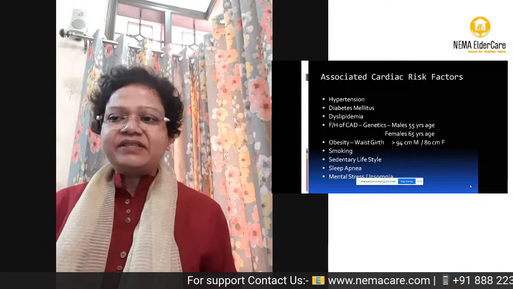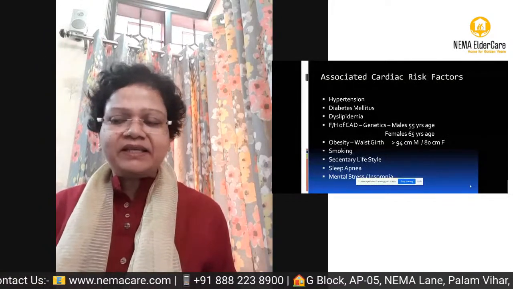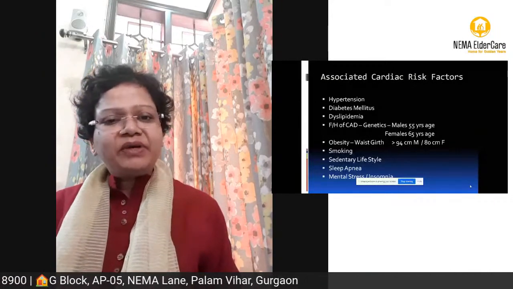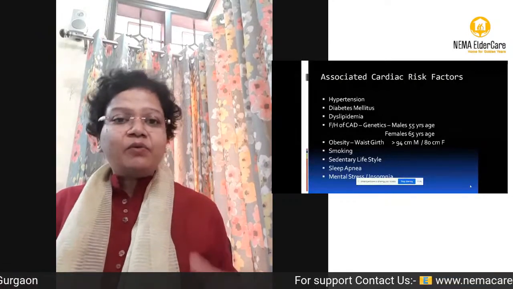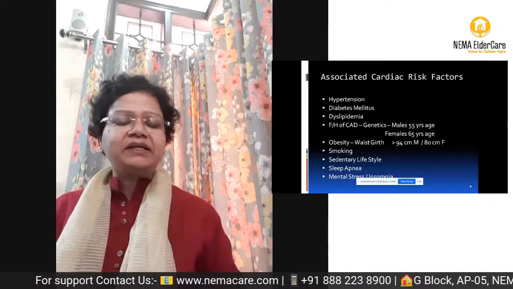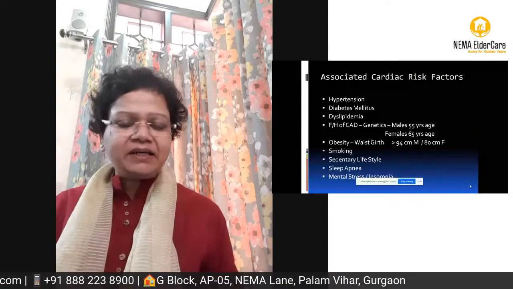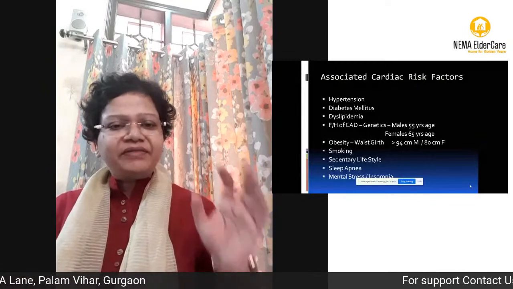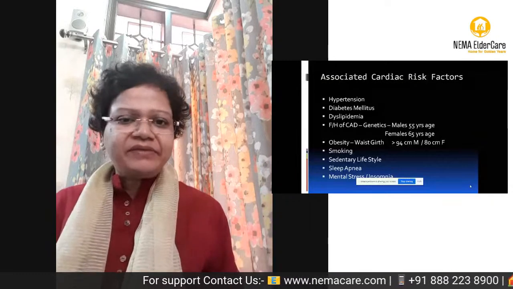Next risk factor is genetics, which we often say, my genes are such, my genes are like that. So what do we understand by that? We will say that your genetics is more prone for heart disease when some male in your family from your maternal side or your paternal side has suffered from a heart attack less than 55 years of age, or a female has suffered a heart disease less than 65 years of age.